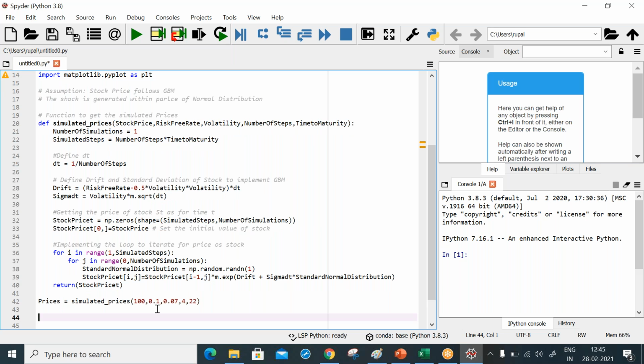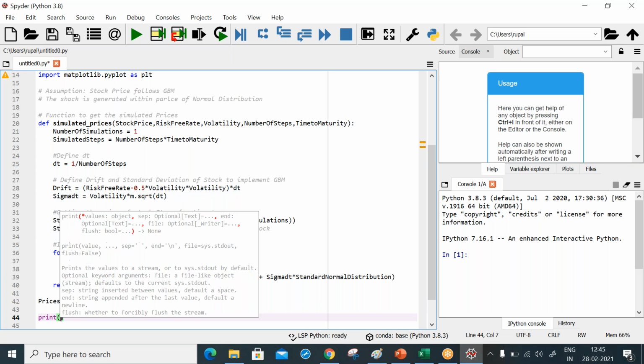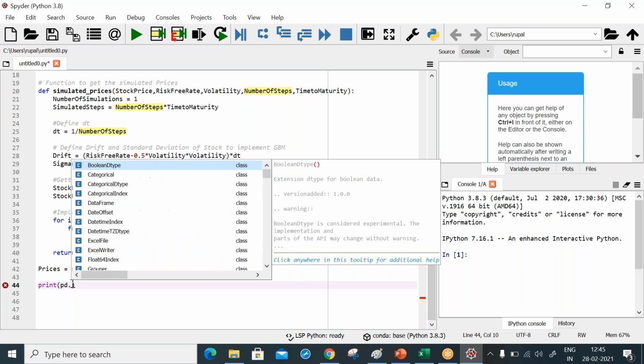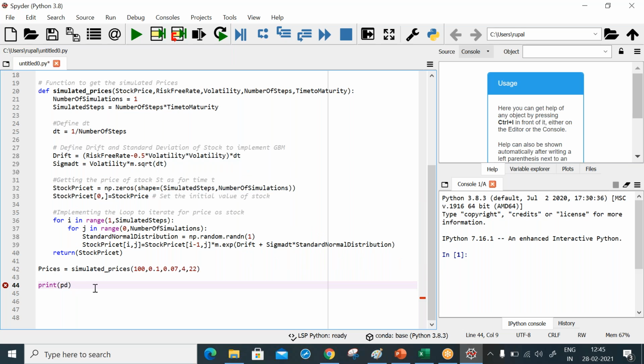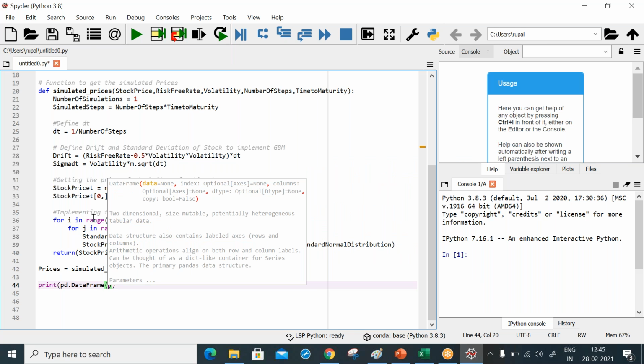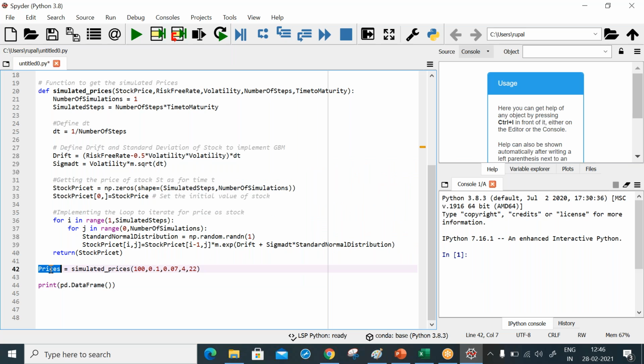And now we are just going to do print, pd dot DataFrame, and all the prices that we have. PD is the library for that function.